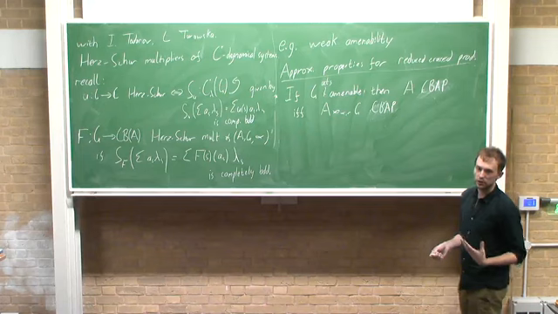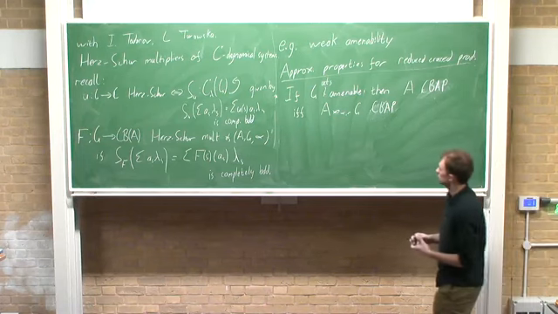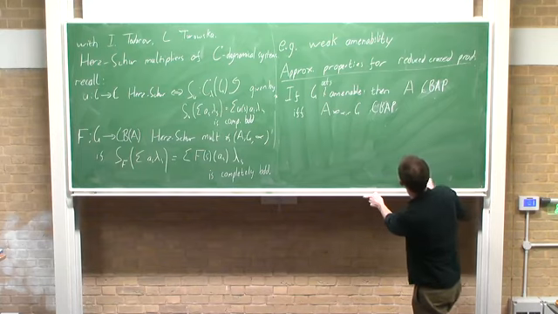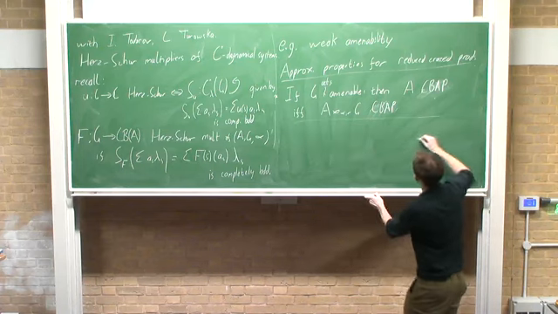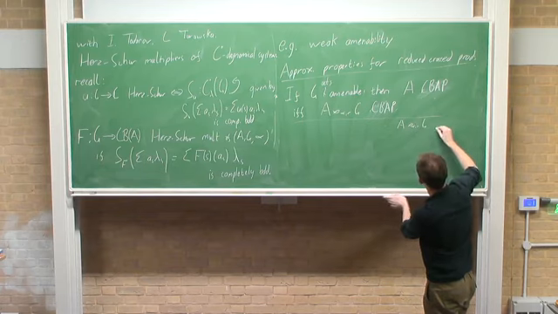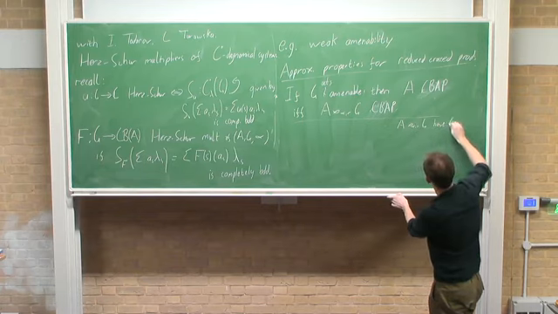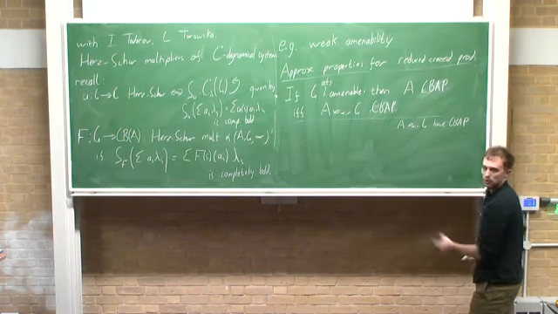What we do is basically write down exactly what we had before. Say we write it for the CBAP.